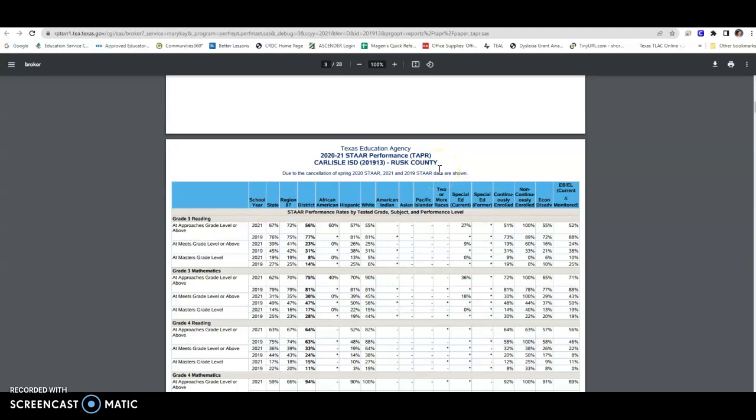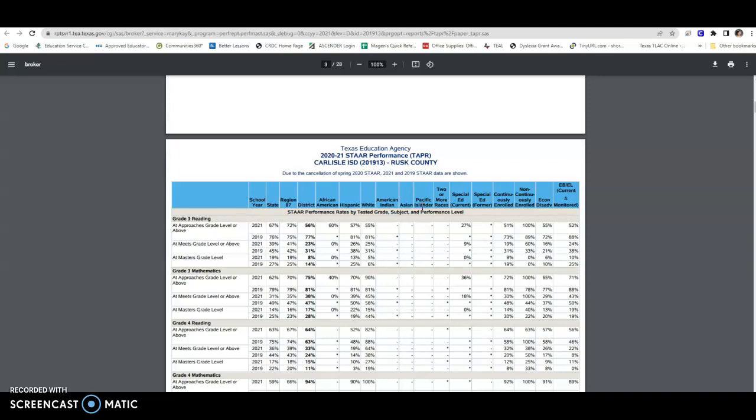This first area is STAAR performance rates by tested grade, subject, and performance level. Each grade level has a section for subject areas tested, performance levels by state, region, district, and subpopulations. This data demonstrates a comparison between subpops to monitor equity and look at any disparities.